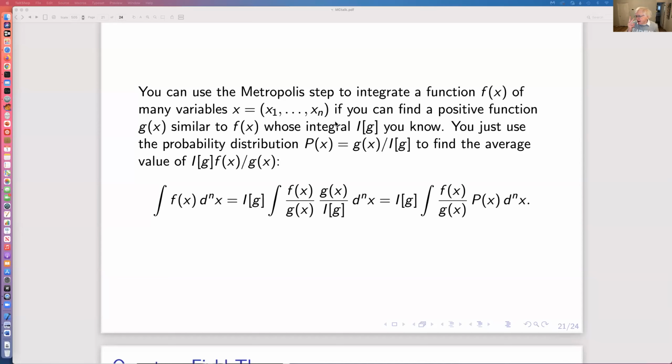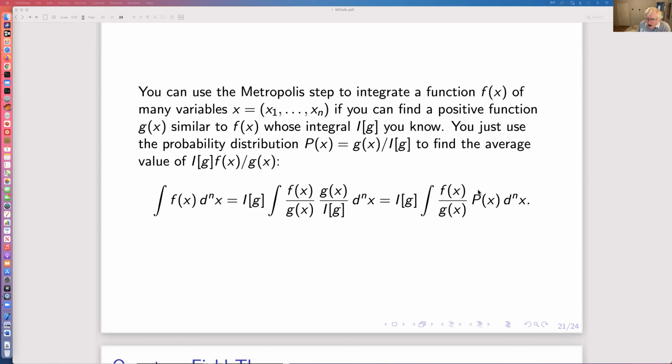Because there are 2 aspects of g of x that you need. It needs to be similar to f, and you need to know what its integral is. So it needs to be easily integrated analytically or numerically. And then it has to be suitably similar so that the method works.